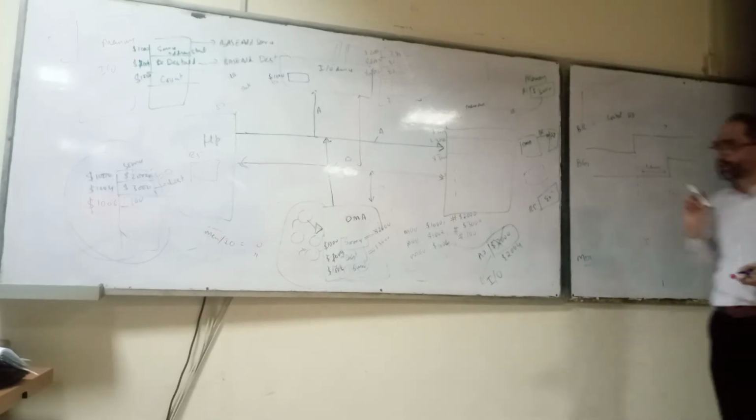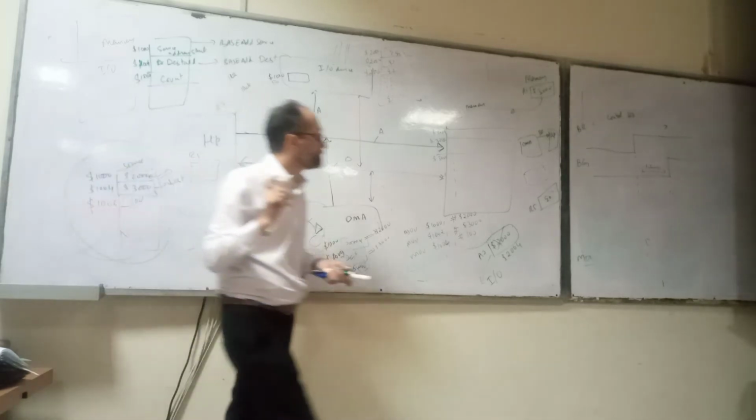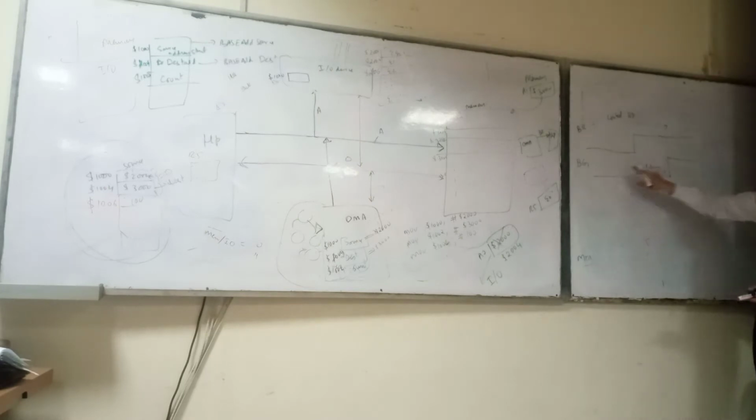And then there is another signal which is called bus grant acknowledge. When the microprocessor grants the bus, the DMA will put its request to low, because now DMA has got the control of the bus.